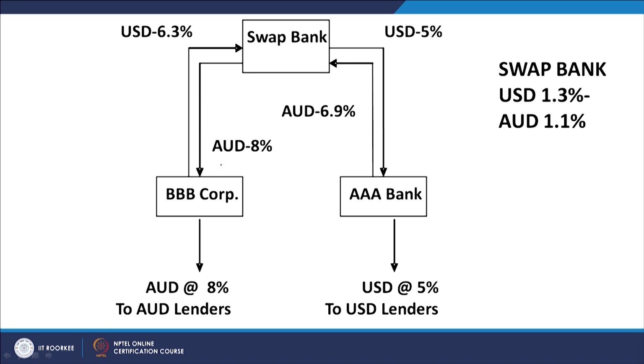And against this, BBB is paying 6.3% in US dollars to the swap bank, and this swap bank is passing on 5% in US dollars to the AA bank, which it is passing on to the US dollar lenders. So, US dollars 1.3% minus Australian dollars 1.1% is the cut that the swap bank is receiving.